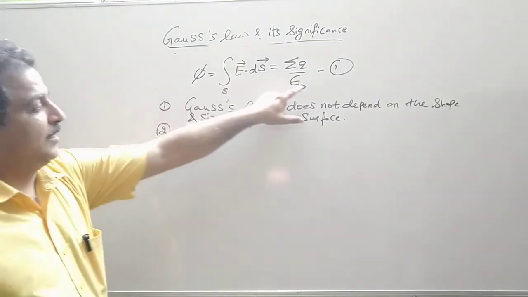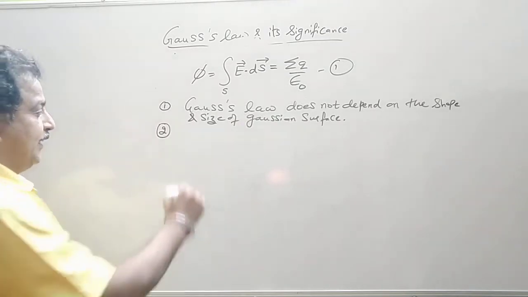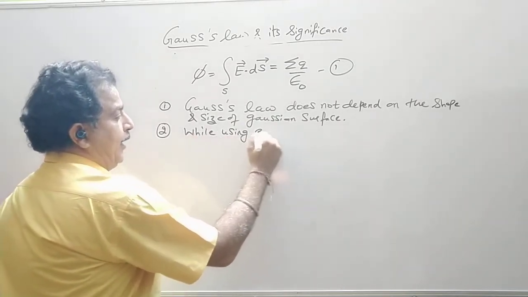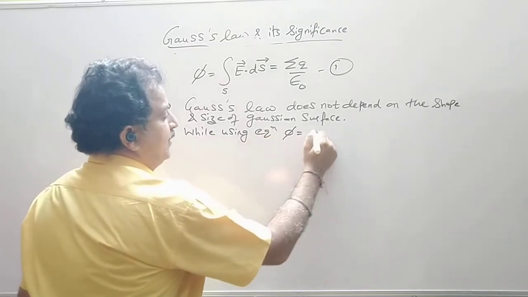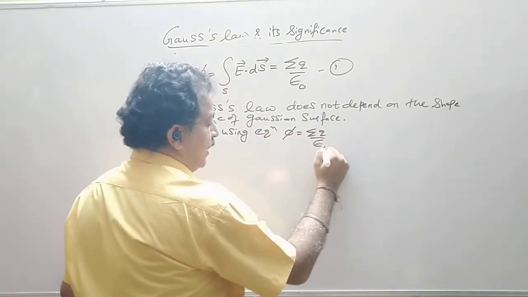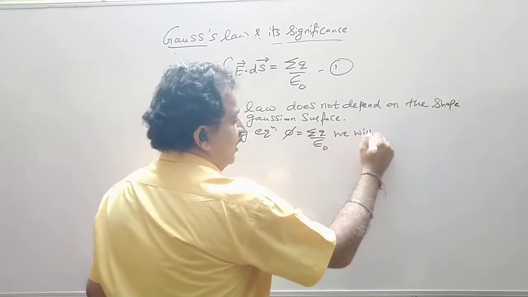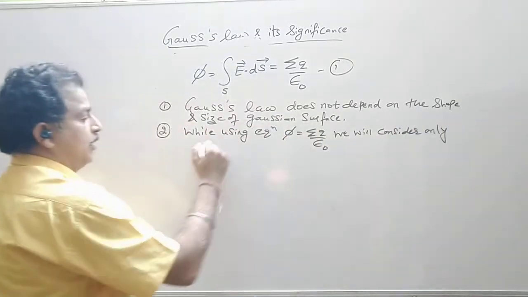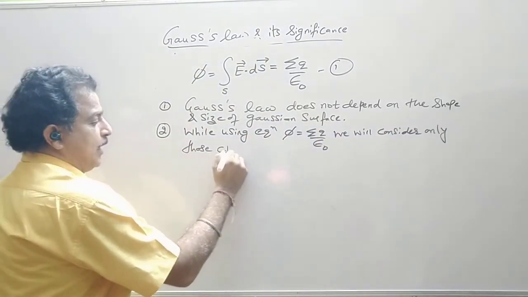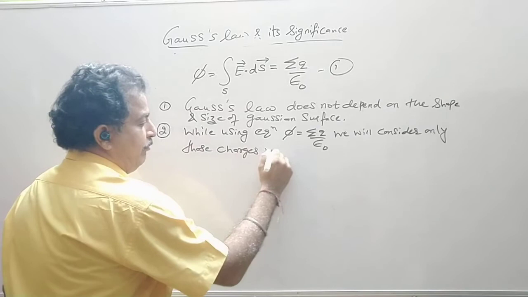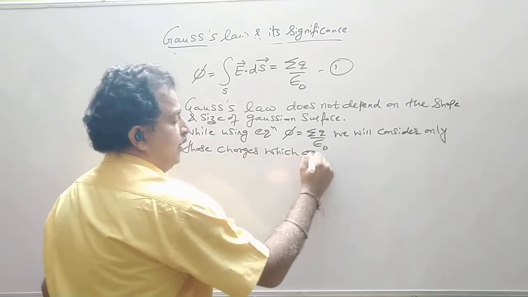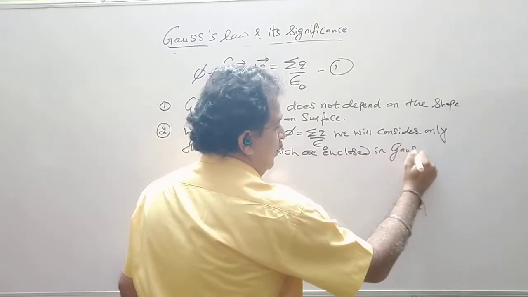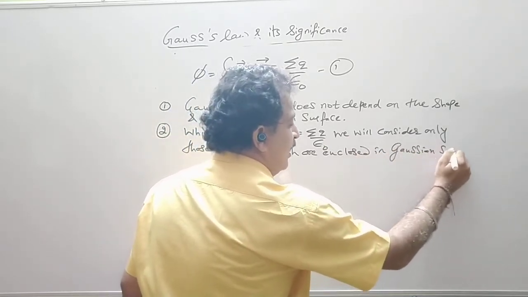Second, while applying this pair of equation, that is, while using the equation phi is equal to summation q upon epsilon naught, we will consider only those charges which are enclosed in the Gaussian surface.